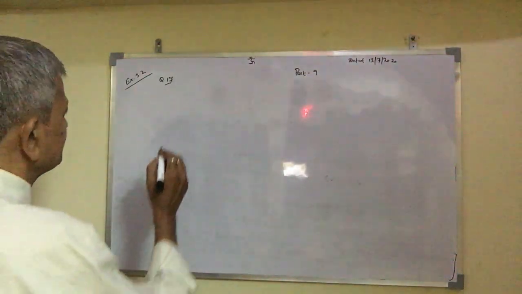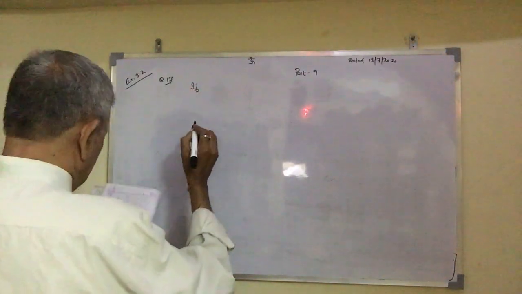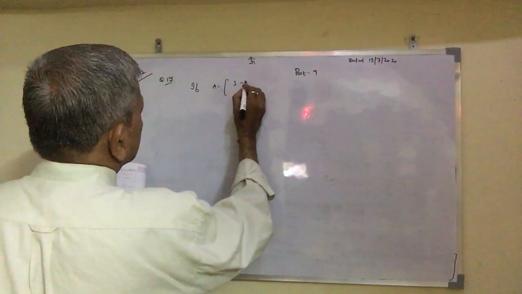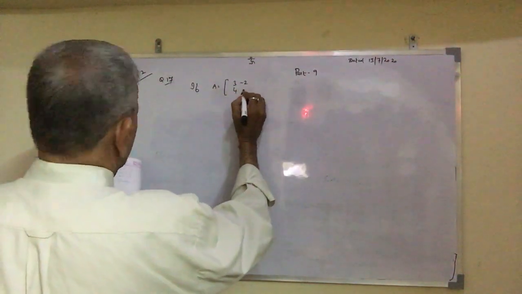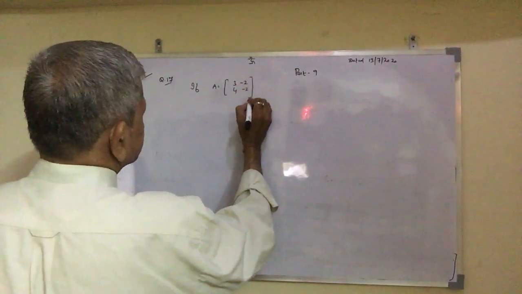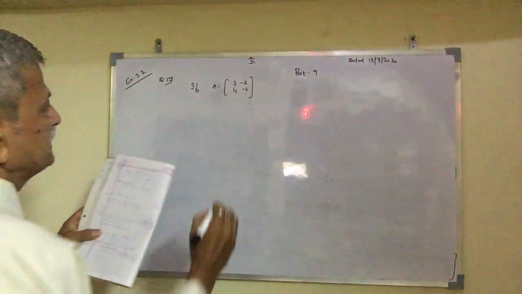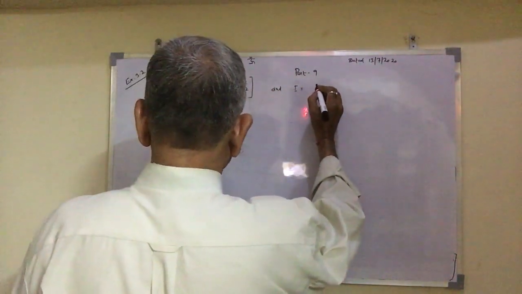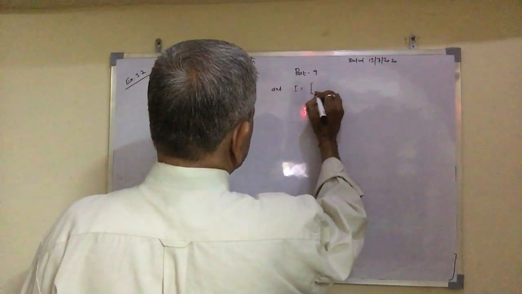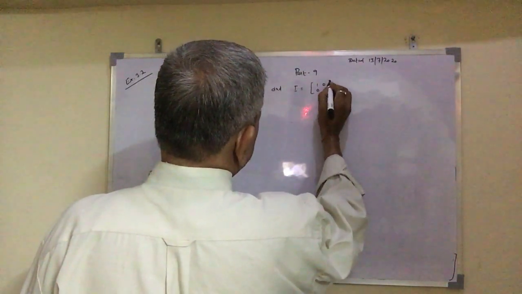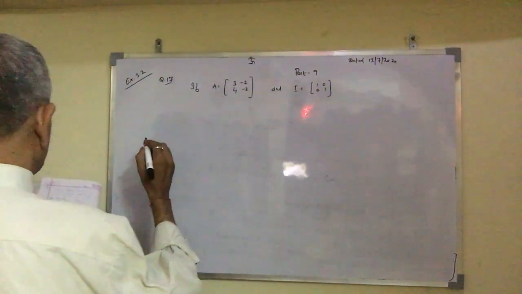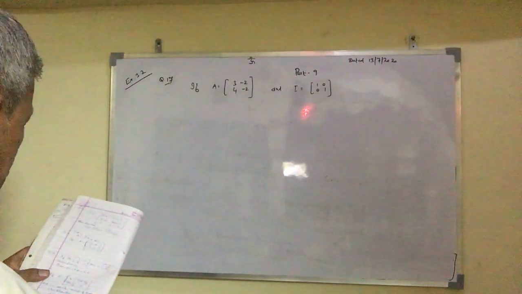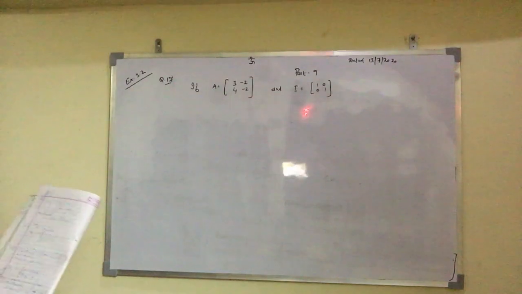So question number 17 is: if your A is 3 minus 2, 4 minus 2, you have given A is this, and I is 1 0 0 1. You have given that A is 3 minus 2 4 minus 2 and I is 1 0 0 1.